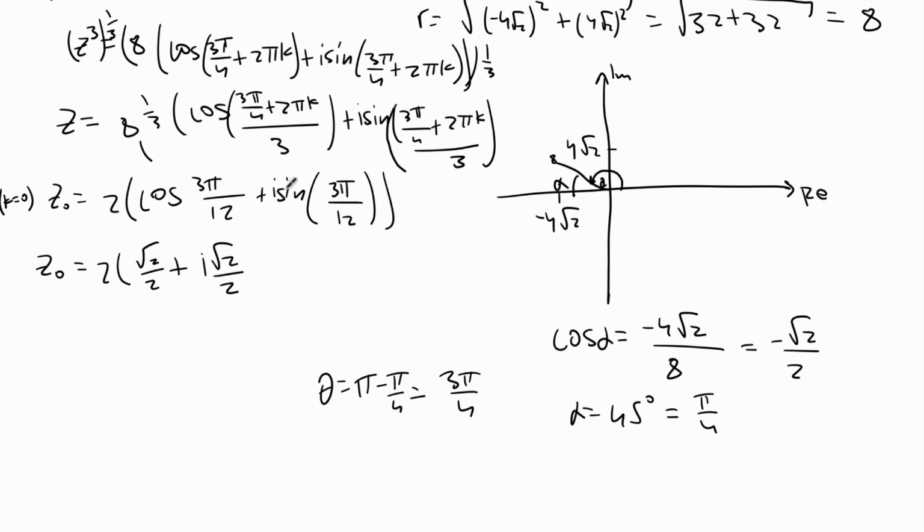Sine pi over 4 is also square root 2 over 2. If I expand this further, I'm going to get square root 2 plus i square root 2. Now this is my first root.